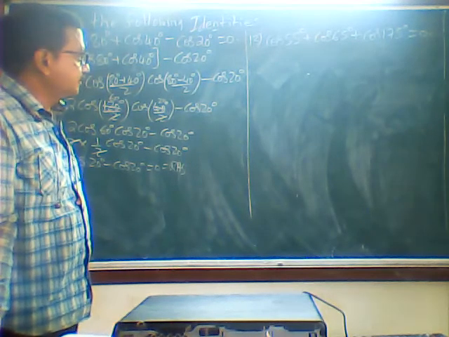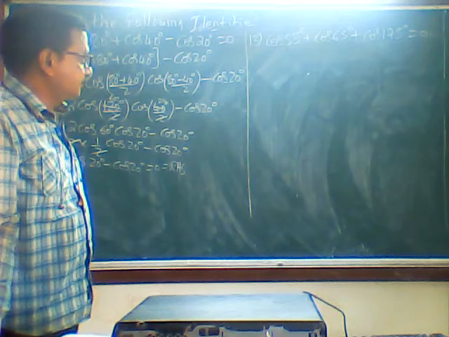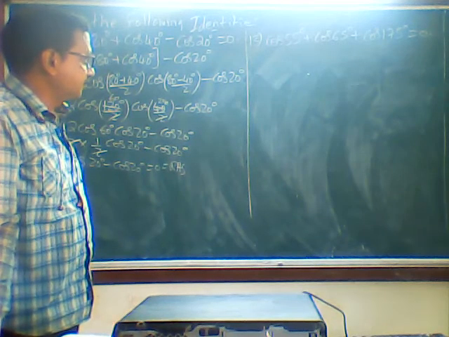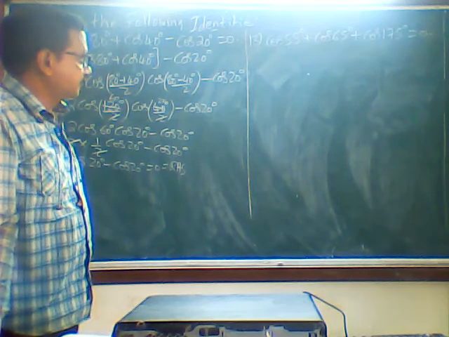If I add 55 and 65, how much do I get? 120. 120 divided by 2 is what? 60 degree. And if I subtract, I will get 10.